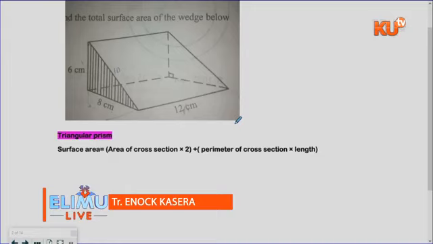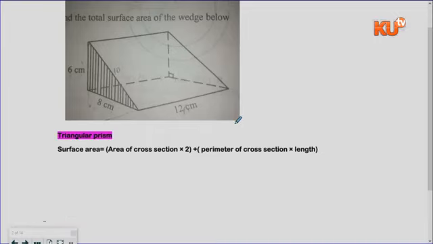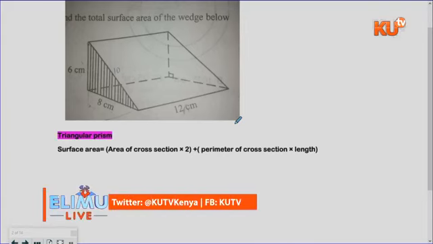The first thing that is very important is for you to understand the formula, and thereafter we can work it out. If you look at this triangular prism, we have the triangular part. That is the one that is giving it its name. So the cross section is the triangular part.